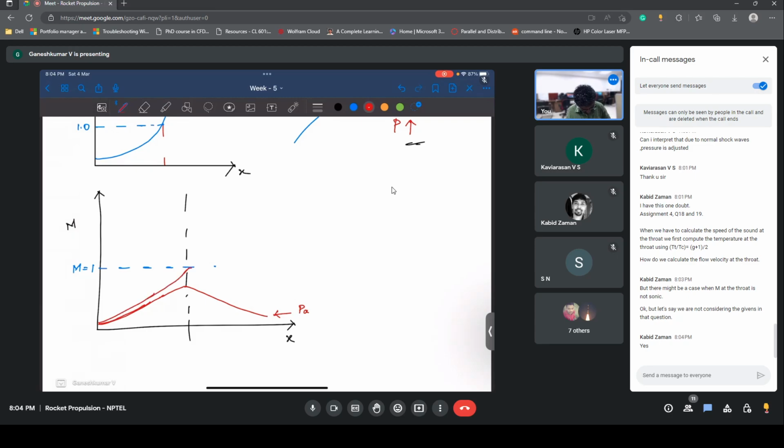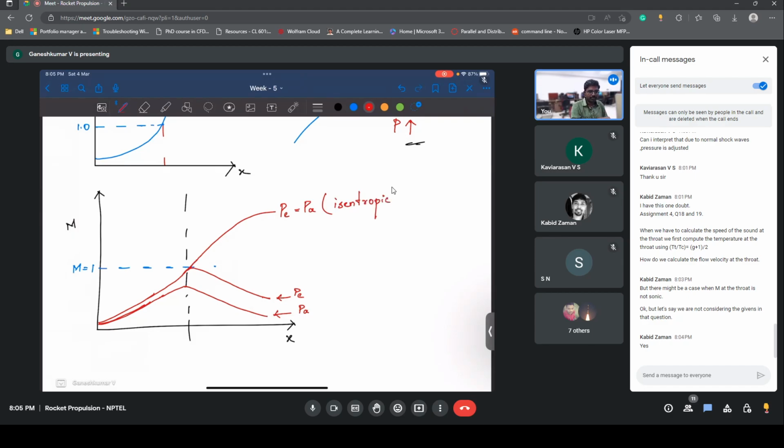Even if it reaches Mach 1, that's when two isentropic solutions arise. One is it decelerates and reaches some exit pressure, and the other is it gets accelerated and reaches an exit pressure equal to the ambient pressure. So this is what is given: isentropic expansion.